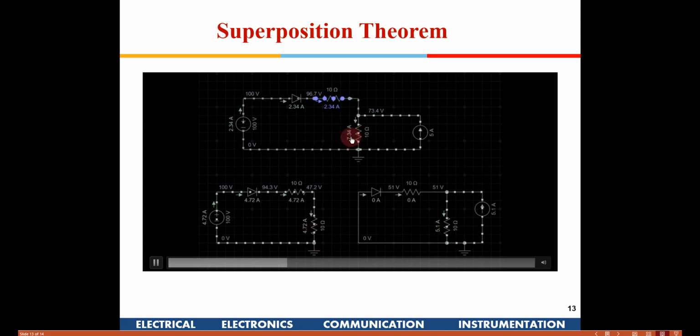Here it is 7.3 ampere, and it is just 4.72 ampere and 5.1 ampere. If you add it up, it's not matching with the results here, right. Similarly, here it is 0 ampere, whereas here it is 2.43 ampere, because now there is no reverse current flowing into this from this source.